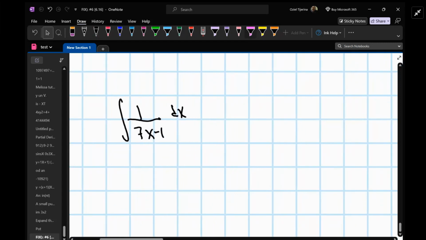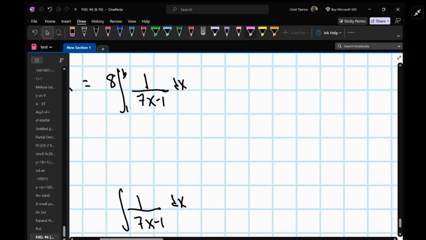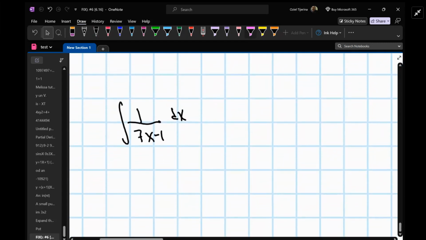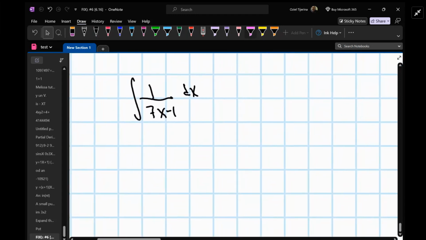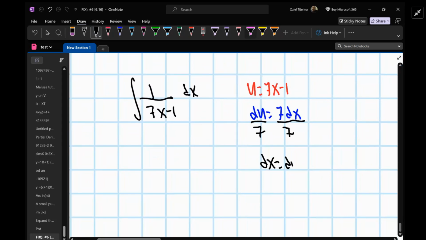The way we're going to do this is use u substitution. So u is equal to 7x minus 1, and then du will be 7 dx. We need to solve for dx here. Dividing by 7 on both sides, we get dx is equal to du over 7.